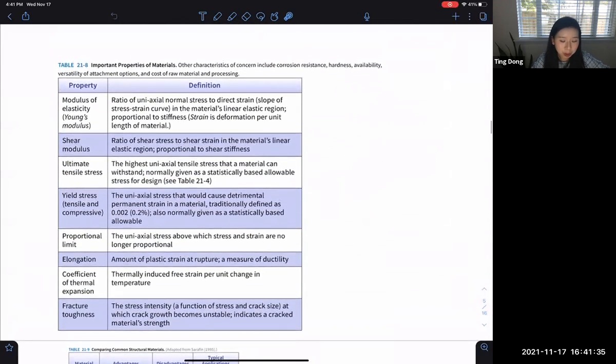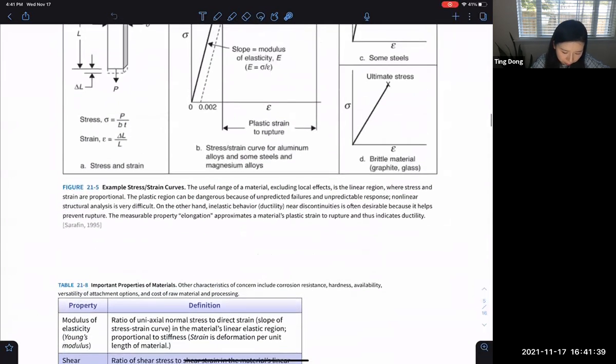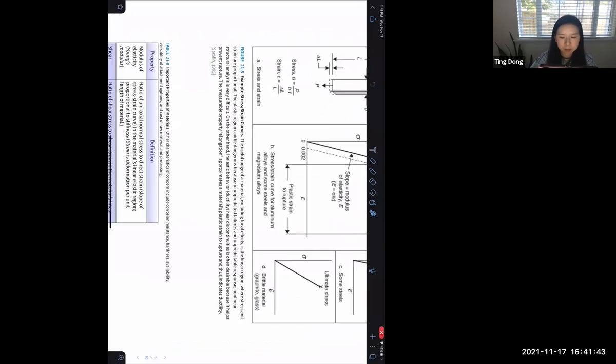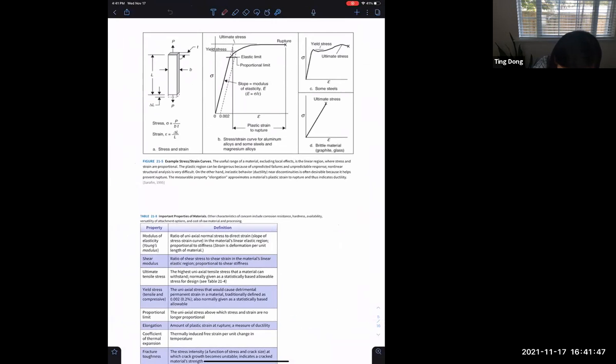And of course, you should understand Young's modulus. Let's rotate so we can see the whole thing. The slope here is Young's modulus, and the ultimate tensile strength is here, whichever is highest.